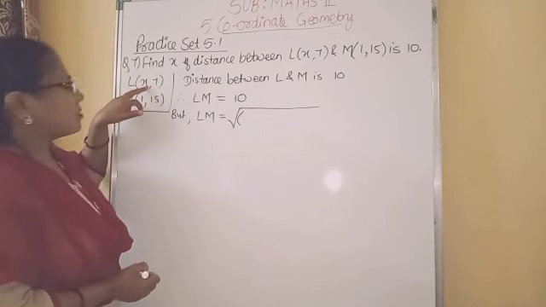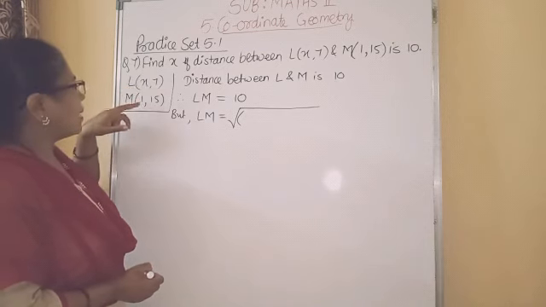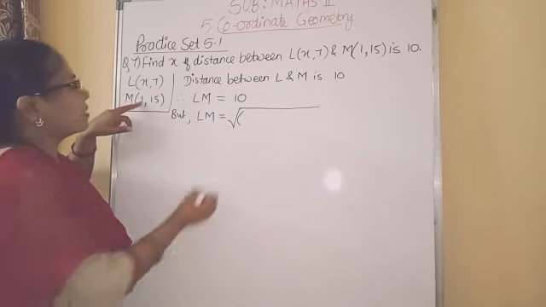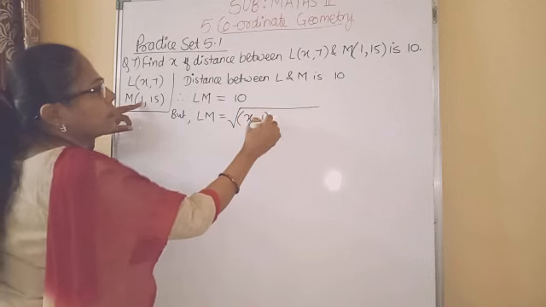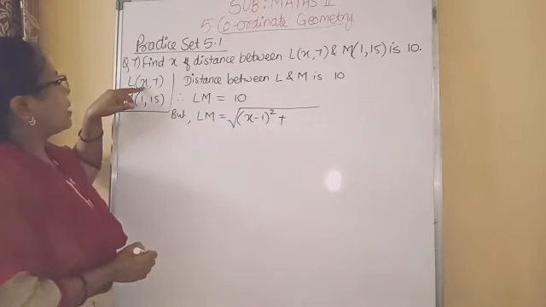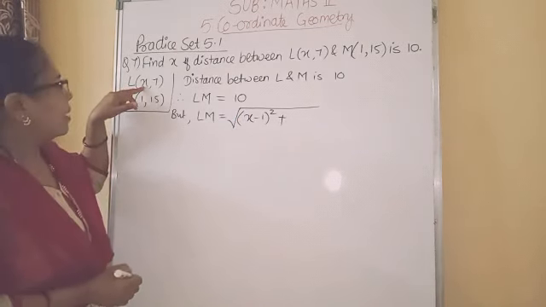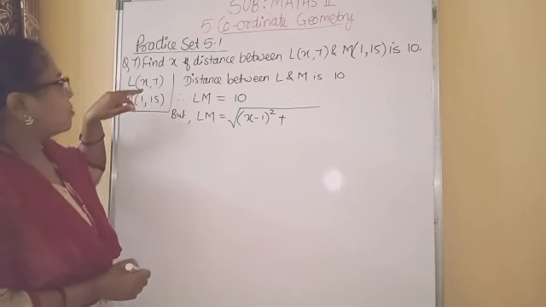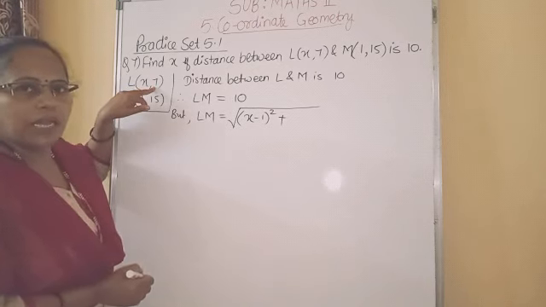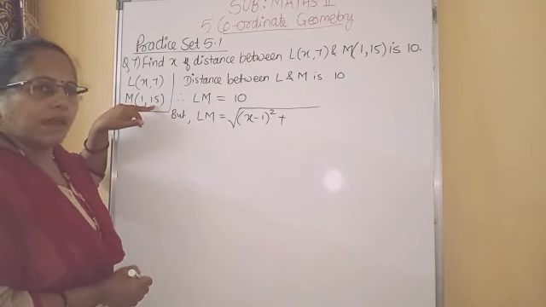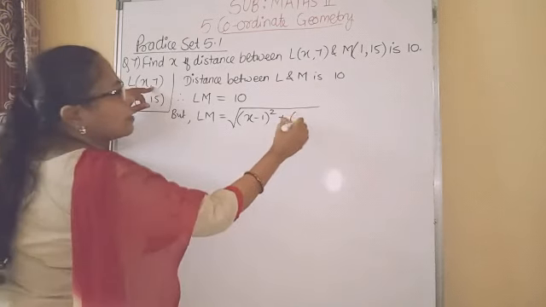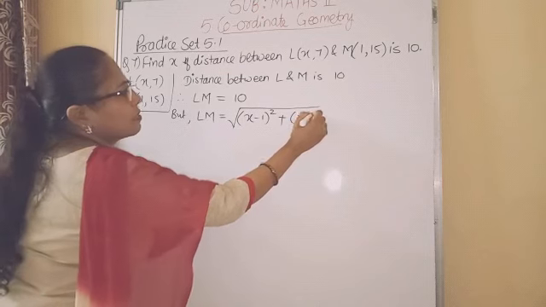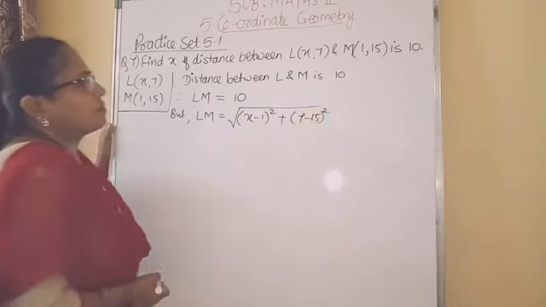Or you can take this also, x2 minus x1, so (x minus 1) square. If you consider this x2 and this x1, then here also you have to consider this y2 and this y1, so plus (7 minus 15) square.